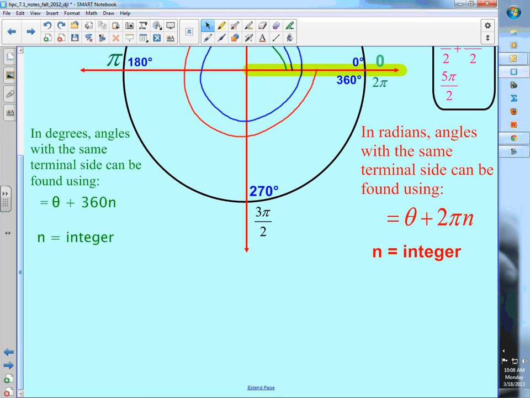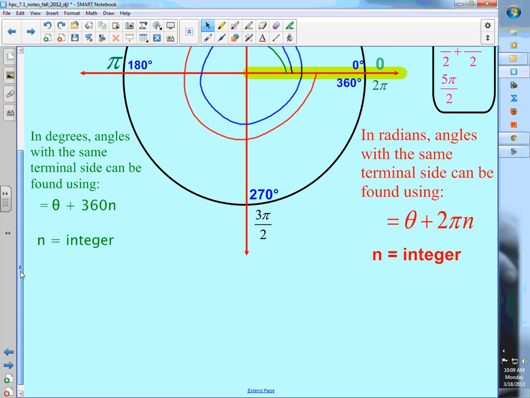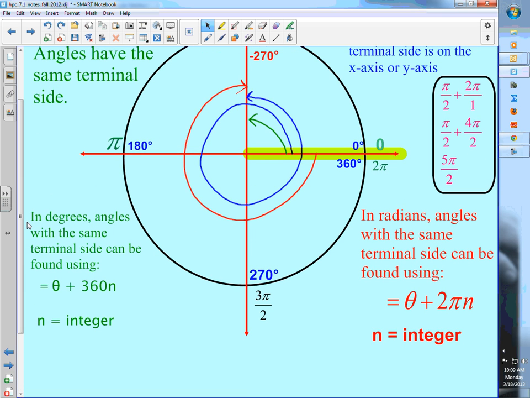If you do this in radians, you're going to add 1 revolution, which is 2 pi times n again. So theta plus 2 pi n, where n is an integer. If you need an example with radians, I did one off to the right here.